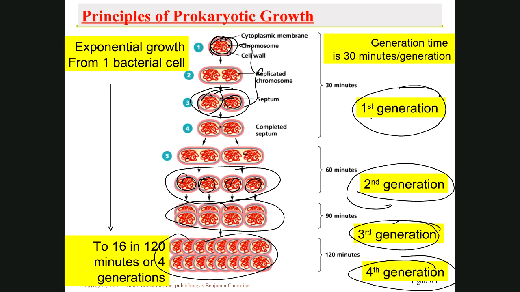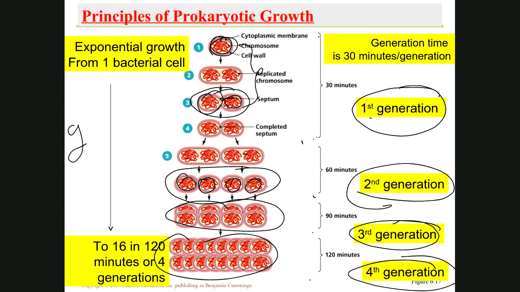Now, the time that it takes for a population of bacterial cells to go through 1 generation is the generation time, or G. So in this case, you can see that the generation time is 30 minutes for the 1st generation, another 30 minutes for the 2nd generation, another 30 minutes for the 3rd, another 30 minutes for the 4th.